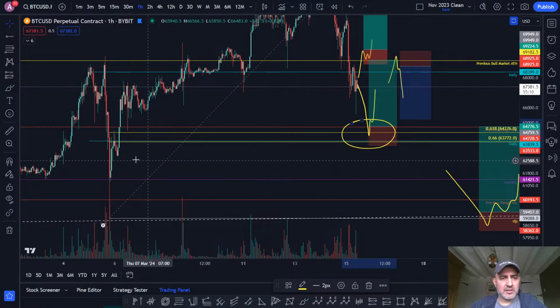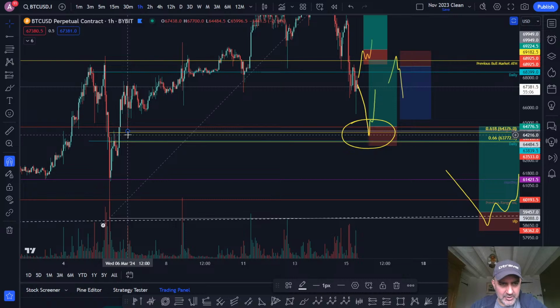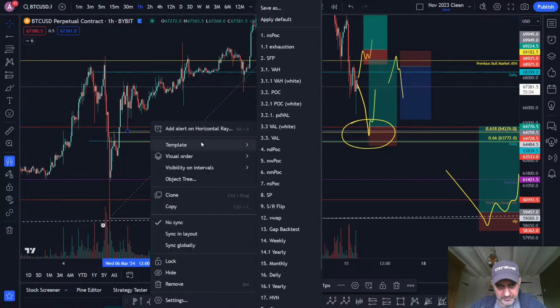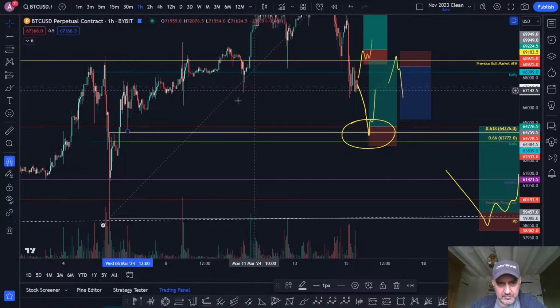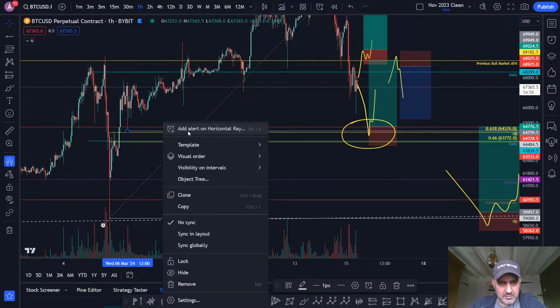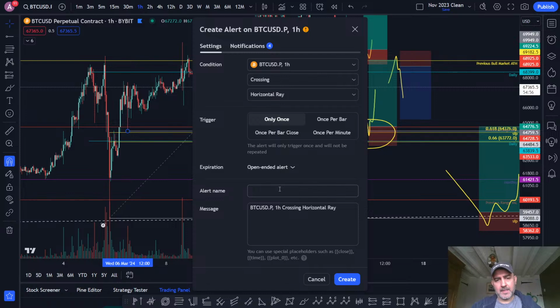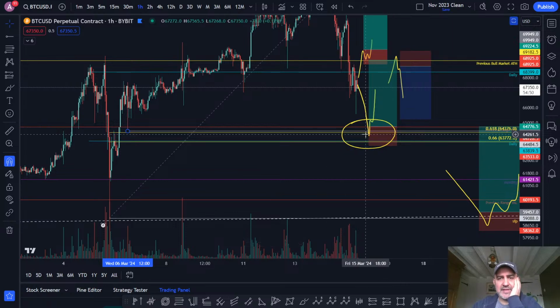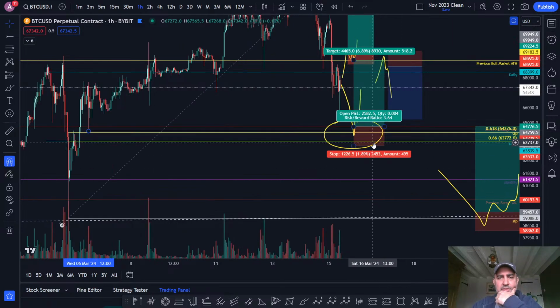Easy entry. The entry is a swing failure of this pivot, and you can just take that. Opening low on that as well. Right. I think that would be a good long to have actually.